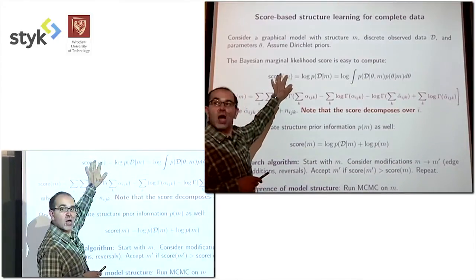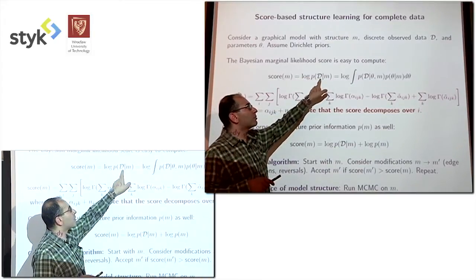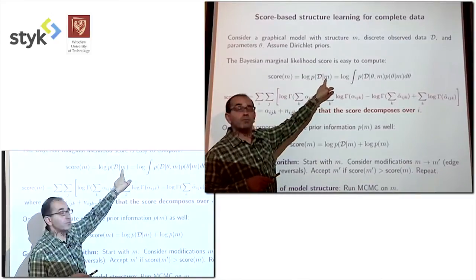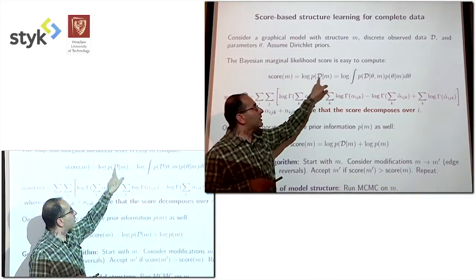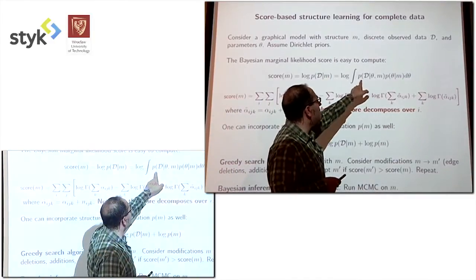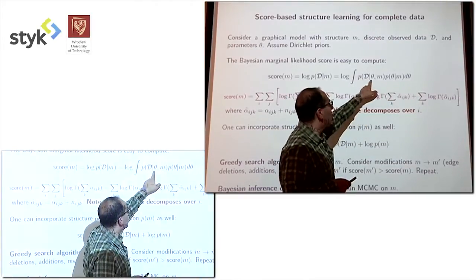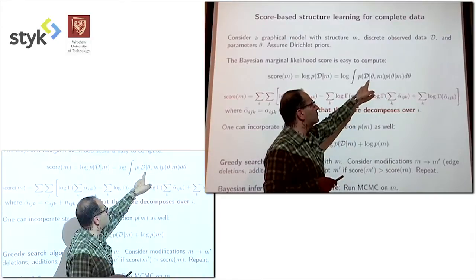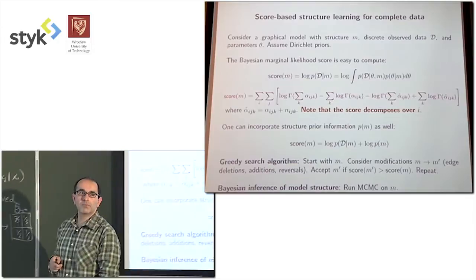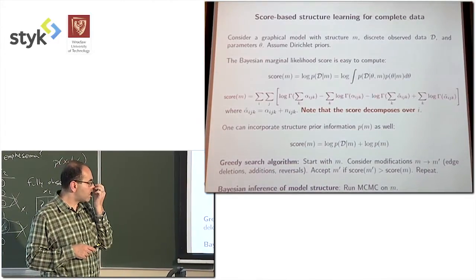Well, I'm just defining that to be the log of the marginal likelihood, the log of the probability of the data given the graph structure. And the probability of the data given the graph structure is simply the integral over all possible parameters of the likelihood with respect to the prior. Okay? Yep. About the Dirichlet priors, yeah.